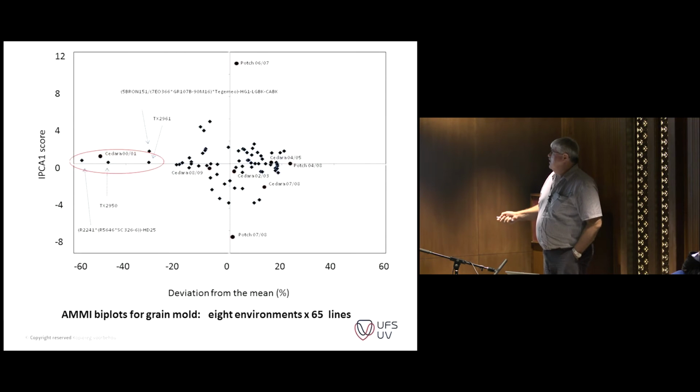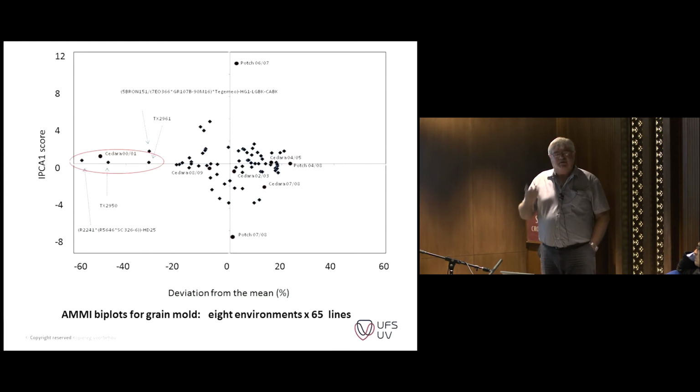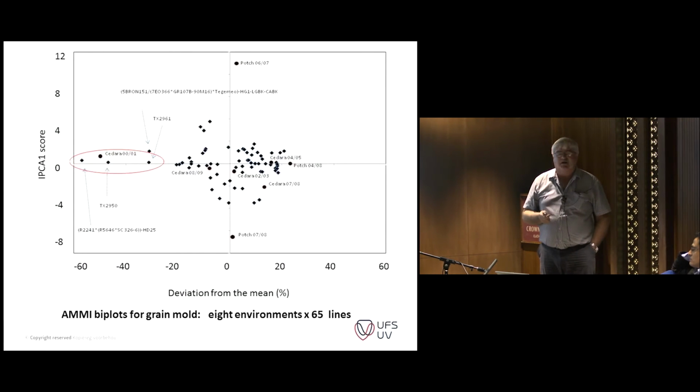You can then also plot your environment scores, and you can see that some genotypes tend towards that environment, some genotypes react to that environment, and you can start getting some idea of the adaptation of the genotypes to certain environments. You can get an idea of the stability of response over environments, and especially for those of you who are doing multi-location, multi-season trials, this would be a useful analysis.